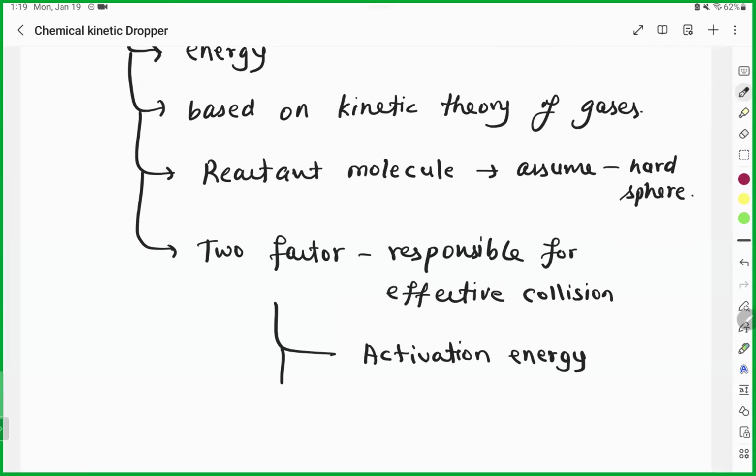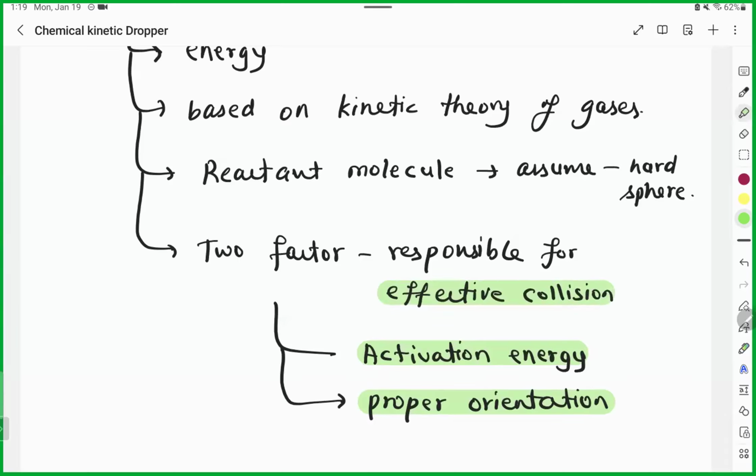Second, very important, is proper orientation. Correct. So these two are really important factors that will decide how effective the collision is.